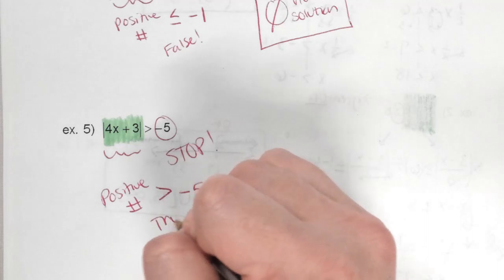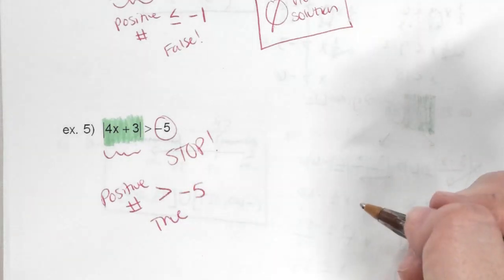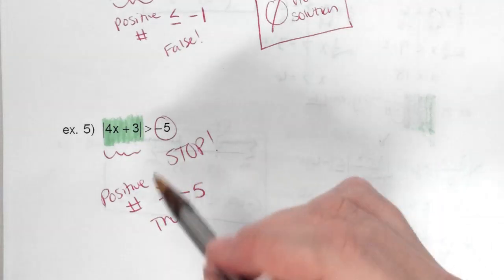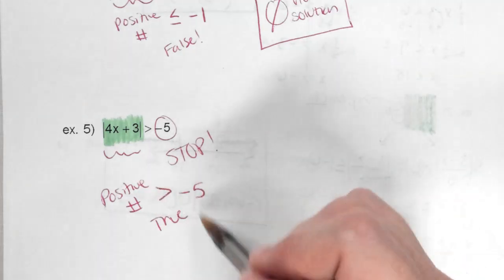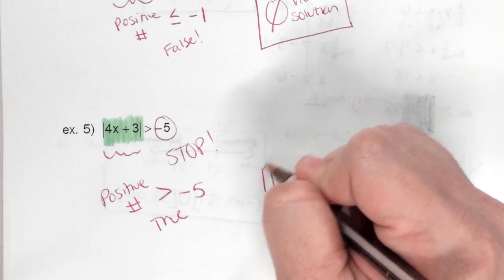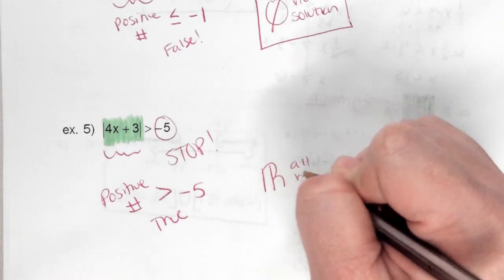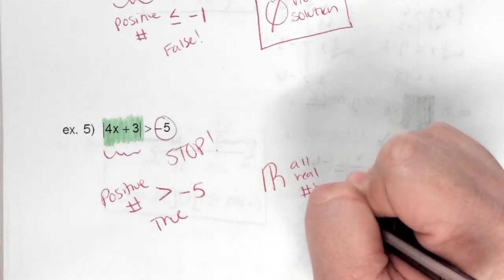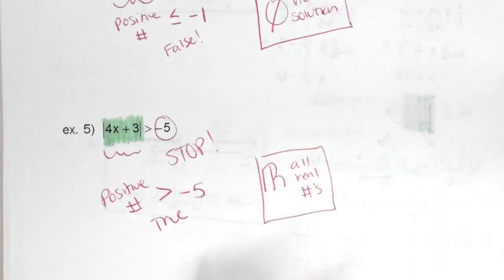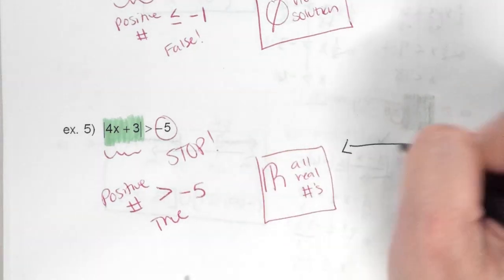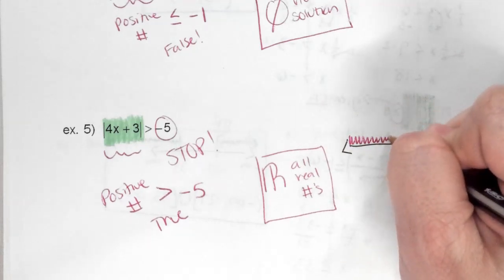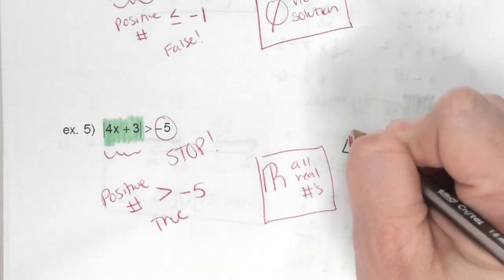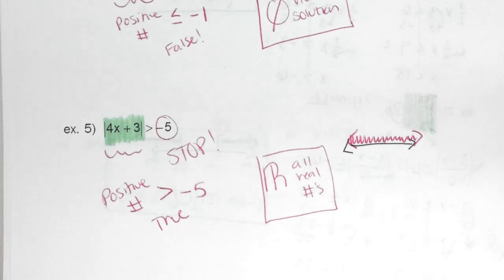Yes, this is true. Because even 0.00001, okay, is more than -5. Right? So this is true, meaning there's all real numbers. And when I graph this on a number line, it's going to be shaded everywhere. Because everything is a solution.